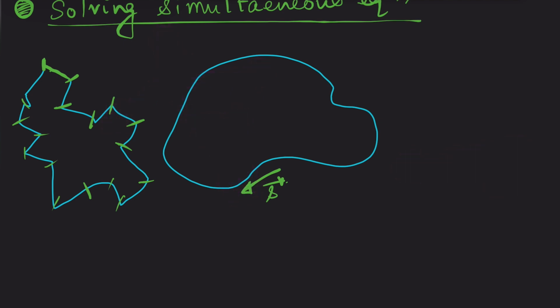So this is a continuous enclosure, and this is a discrete one.